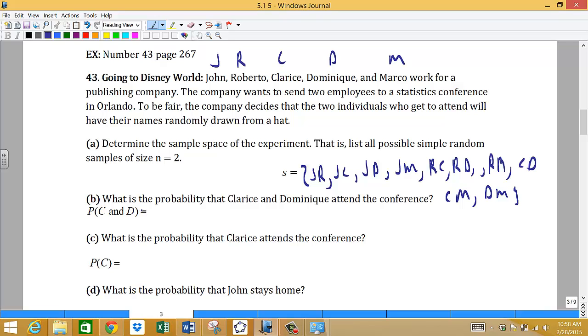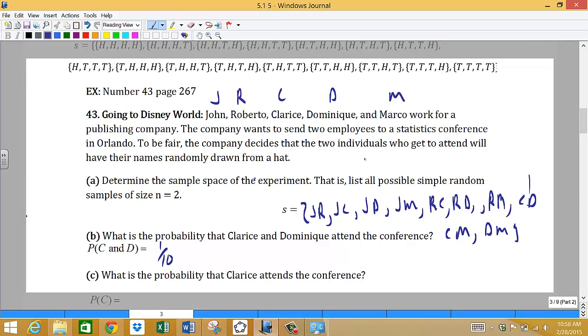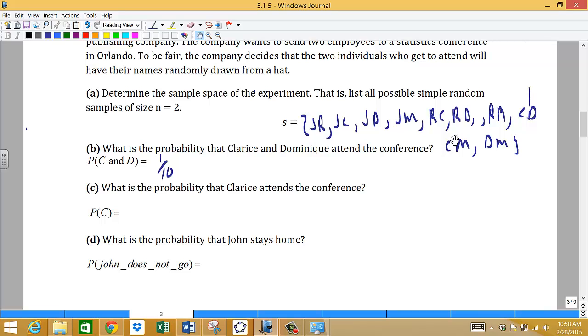So what's the probability Clarice and Dominique attend? Well, Clarice and Dominique, well, that's here. So 1 out of 10. What's the probability Clarice attends? Well, Clarice, she'll go, let's see here. So Clarice will go 1, 2, 3.